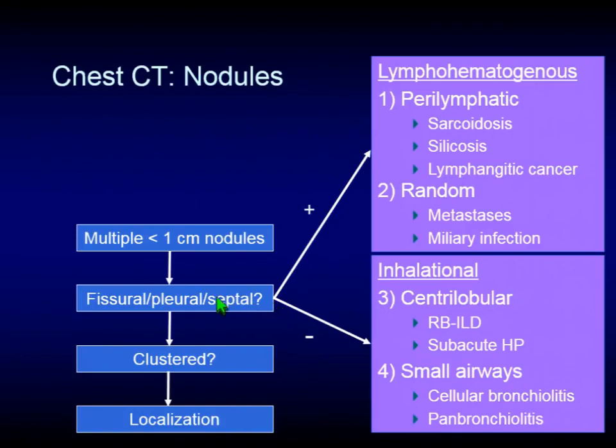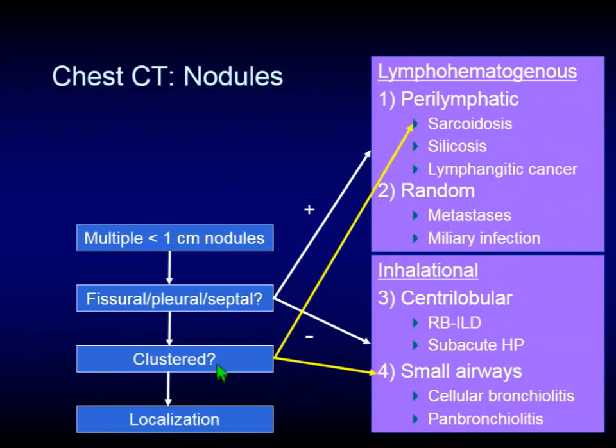If we don't see this sort of lymphatic pattern, then we're really dealing with an inhalational process, so the agent is coming in through the airways. It could be more generalized in a centrilobular pattern, meaning it's hitting all sorts of airways at one time, as in the case of smoking-related lung disease or hypersensitivity pneumonitis, or it may be isolated to the airways and kind of clustered and focal, as in cases of cellular bronchiolitis and panbronchiolitis.